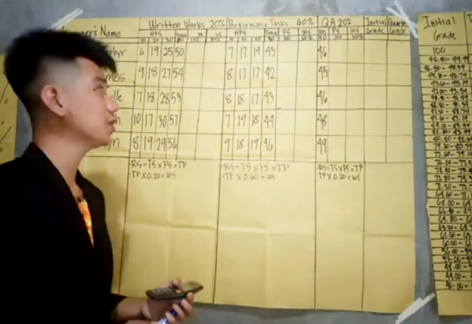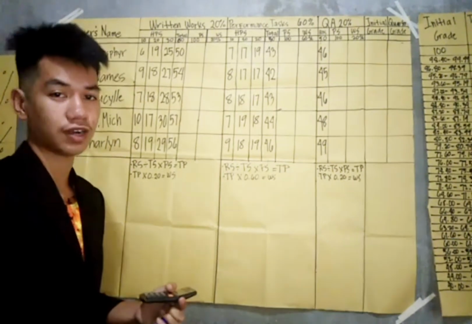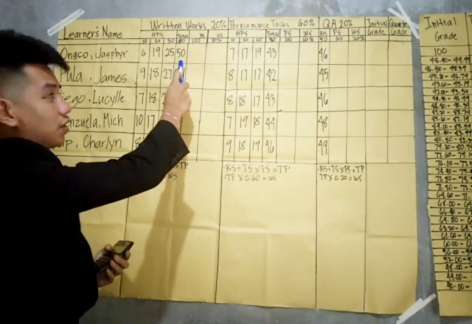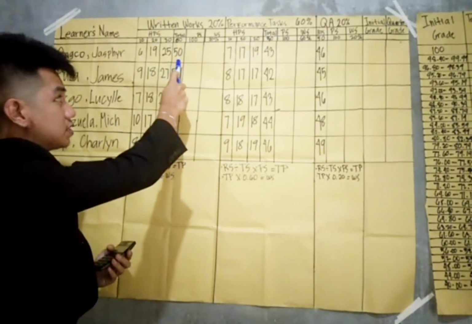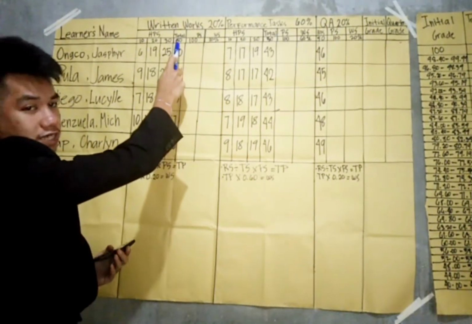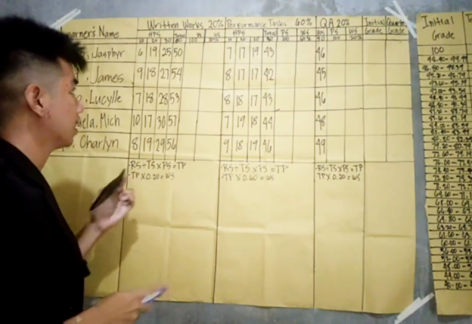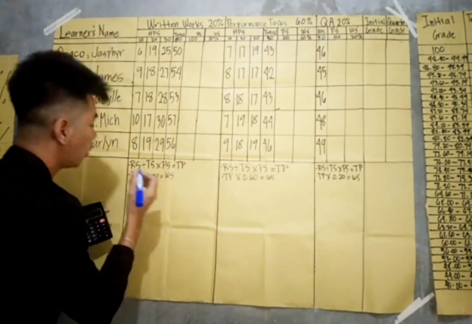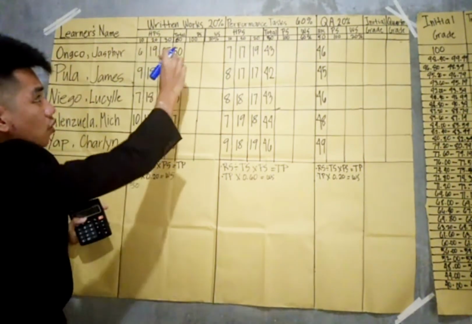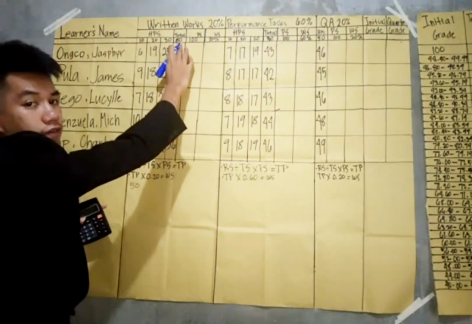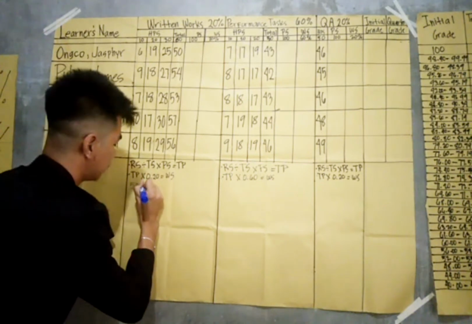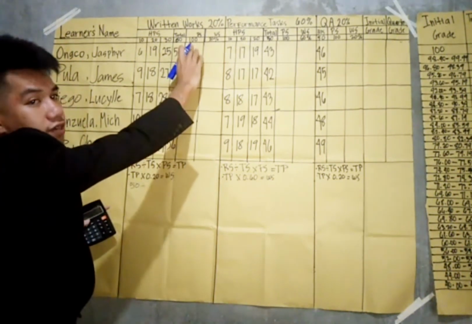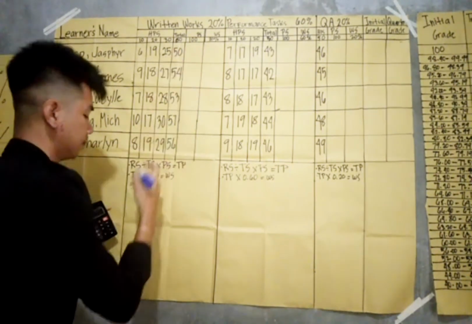So now we will get the percentage score of Mr. Ungko. The raw score or the total score of Mr. Ungko is 50 out of 60. So now we will solve here. 50 will be divided by the total score or the highest possible score of 60 and will be multiplied by 100 for the percentage score.